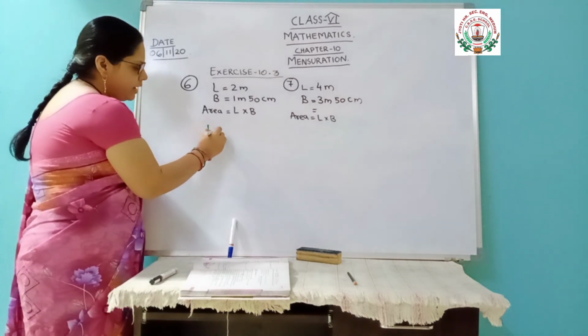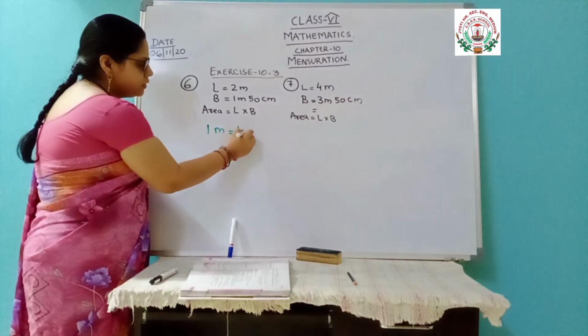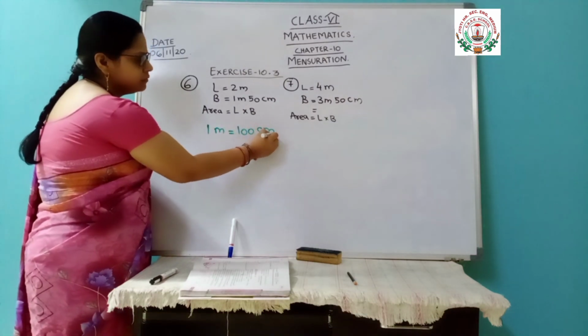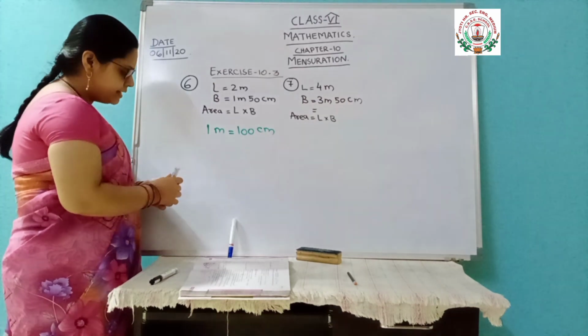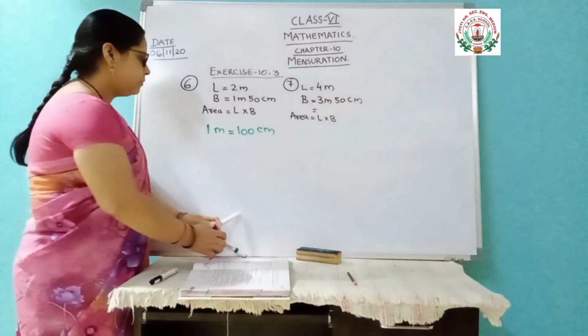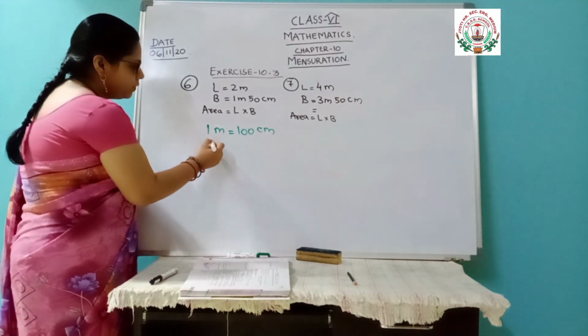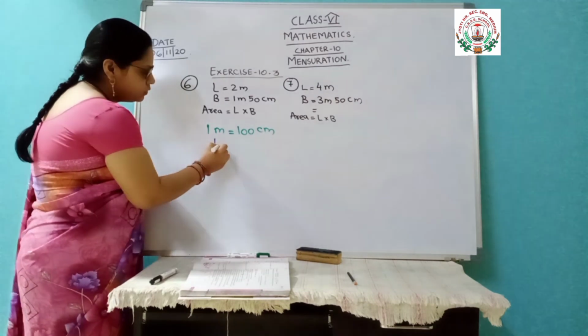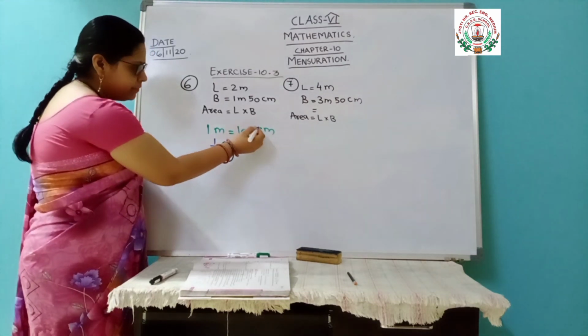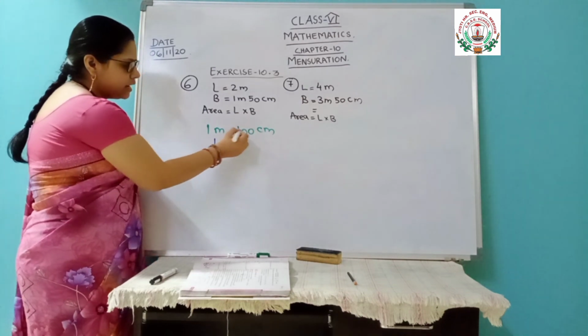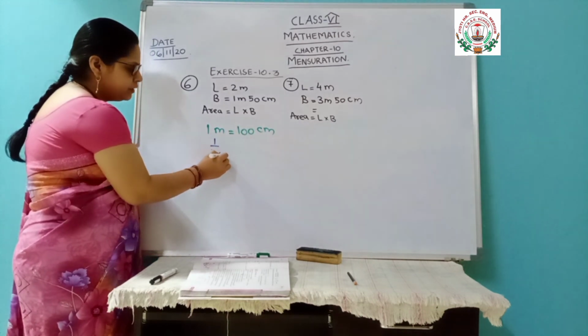You know 1 meter is equals to 100 centimeter. Yes, 1 meter is equals to 100 centimeter. So if you want to convert centimeter into meter, this 100 you will bring here, that will come into divide.